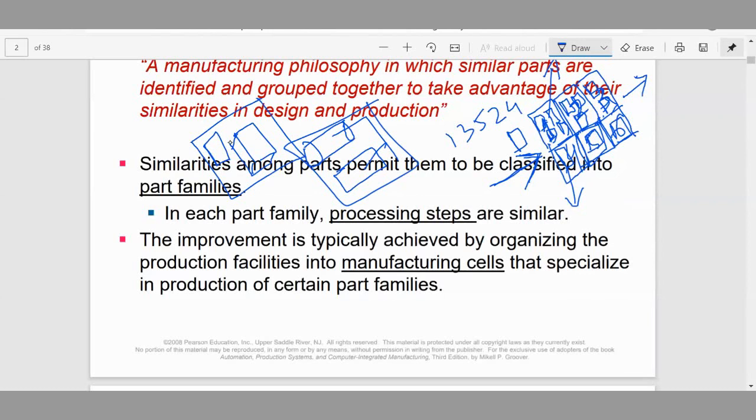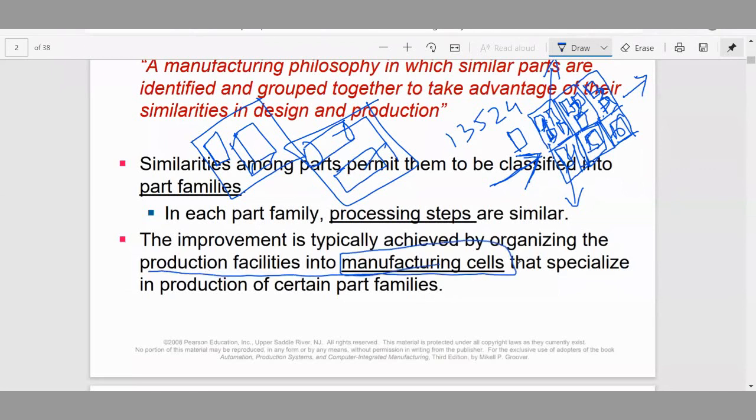In each part family, processing steps are similar. Obviously, if the parts are all cylindrical, like a pen or a marker, they will have similar operations, and the cubical ones will have different operations, and different machines too. The improvement is typically achieved by organizing the production facility into manufacturing cells.